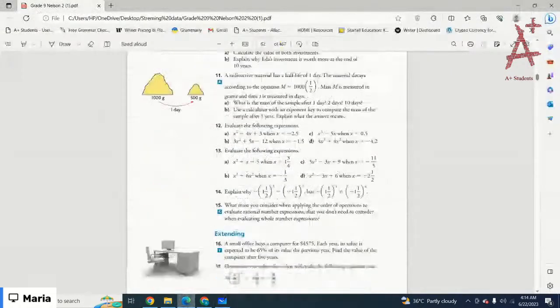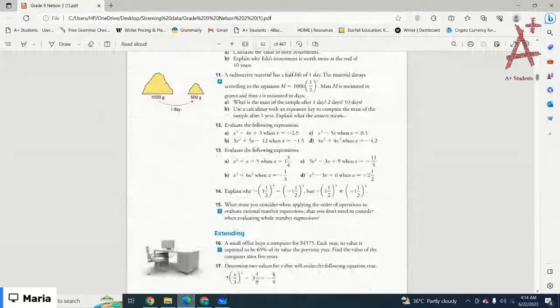Just look at question number 12. Evaluate the following expressions. You are given x square minus 4x plus 3. You have to evaluate it for x equals negative 2.5.